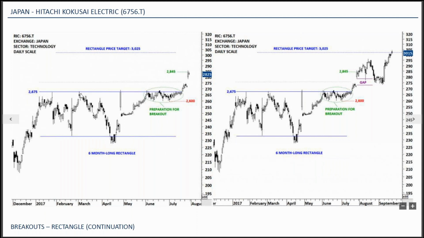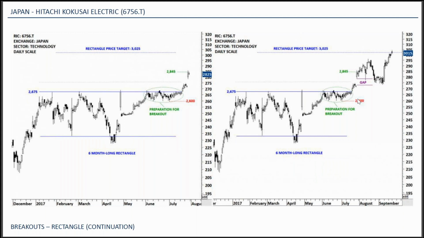You can see several tests, and this test is not reversing, and basically it's preparing for a breakout, and right after the breakout, another surprise is an upside gap. When there is momentum in the stock, you can expect any kind of positive surprises, especially stocks that are breaking out to all-time highs. All-time highs is, I always mention it, the path of least resistance.